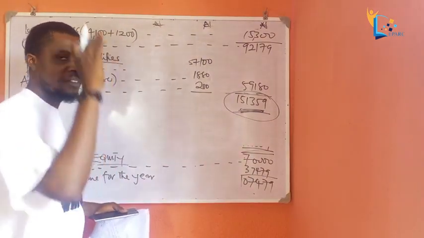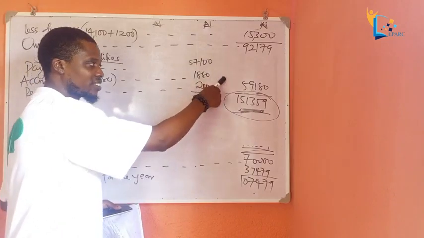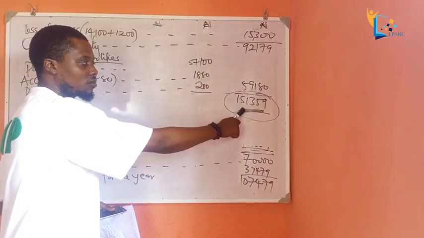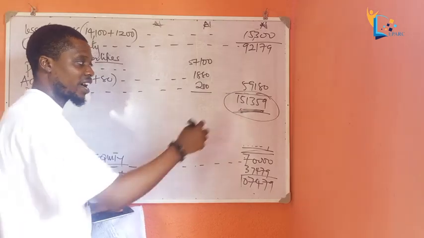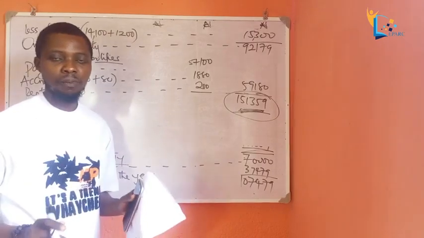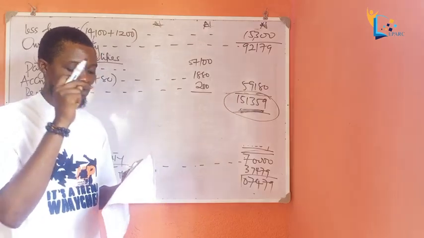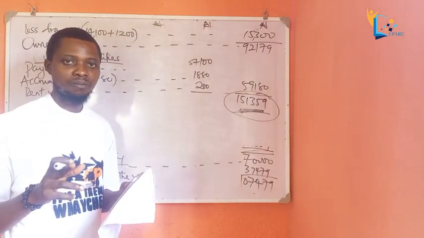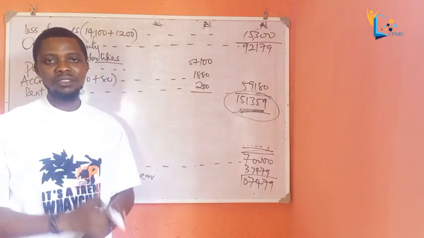So cross-check. If they are the same, that means we are 100% correct. If they are not the same, that means there's a problem from somewhere at the beginning. Are we together? All right, that's that about this class.